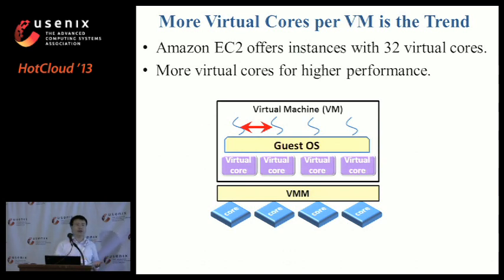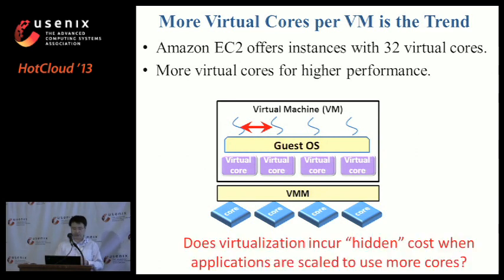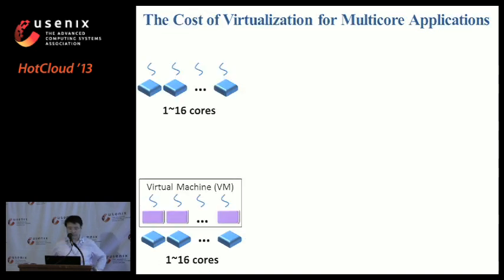So when we scale applications to use more and more virtual cores in the same virtual machine, a natural question is whether the application can run efficiently in the multi-core virtual machine. Is there any hidden cost? To answer this question, we run applications from the Parsec benchmark suite and the Splash2x benchmark suite on both physical machines and virtual machines.